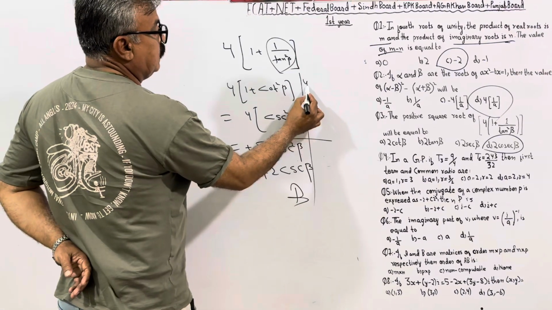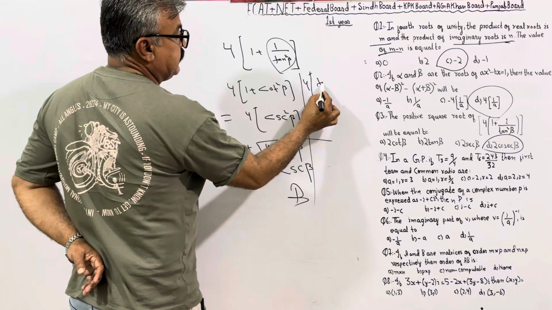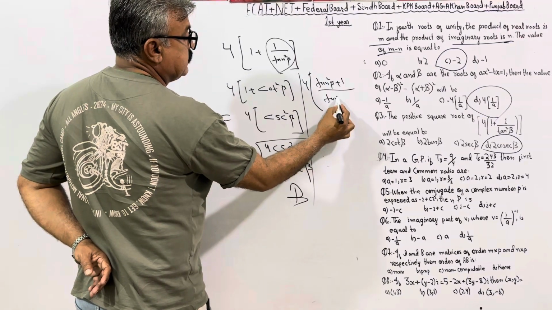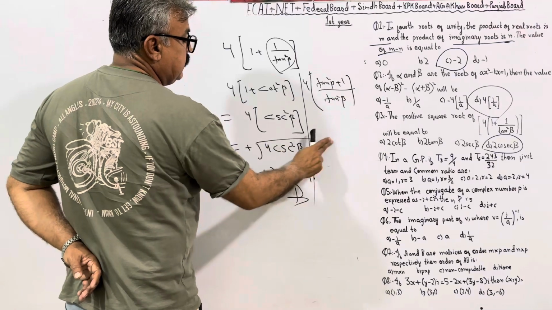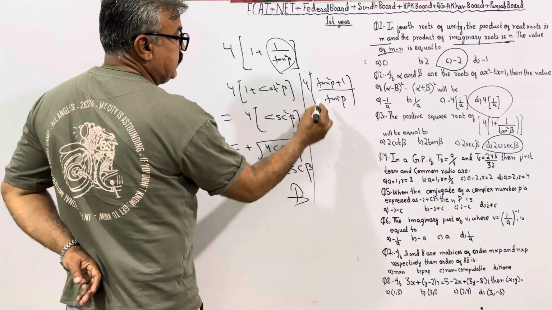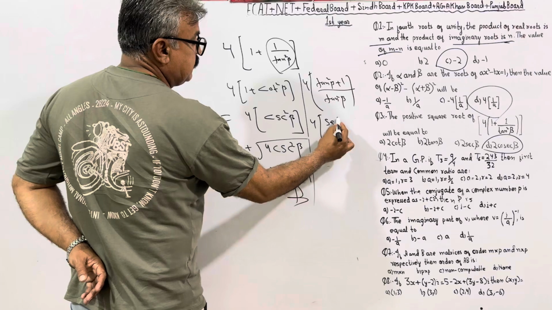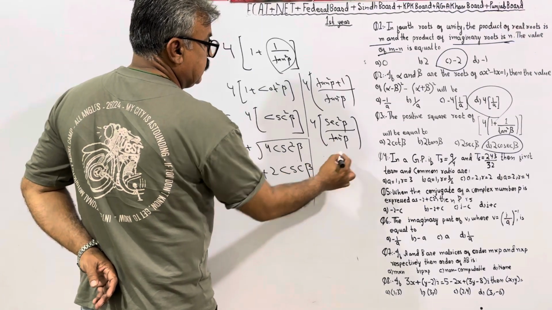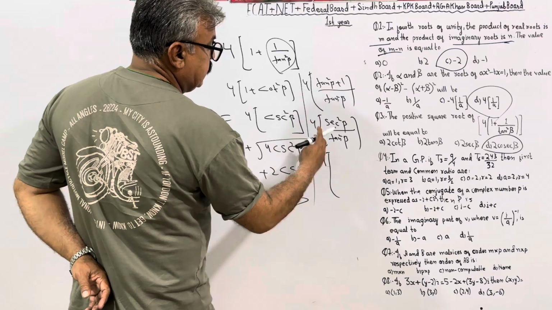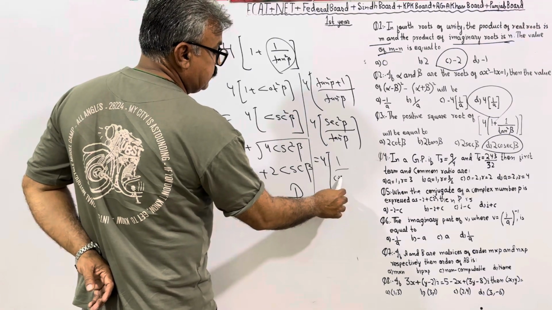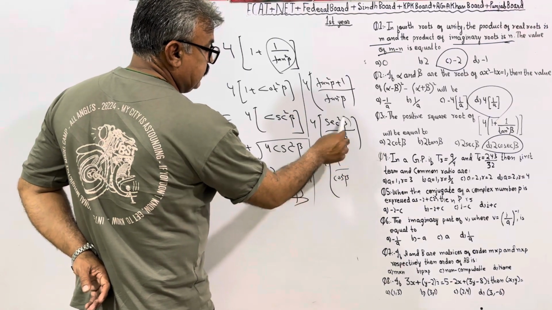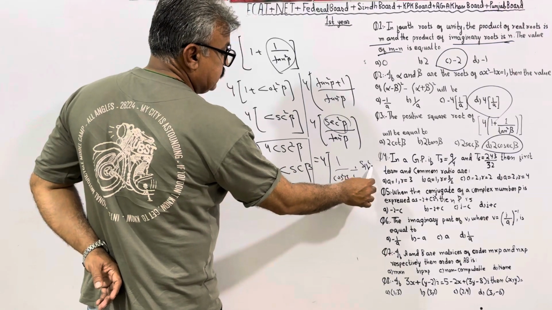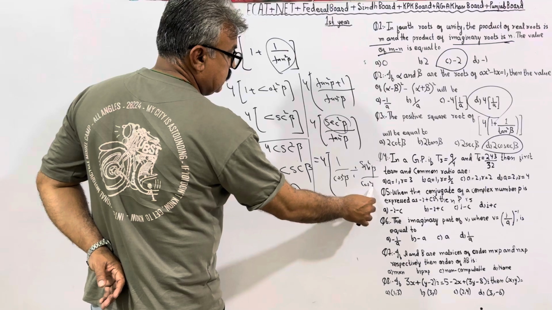Or one can take the LCM: 4 times (tan square beta plus 1) over tan square beta. We are familiar that 1 plus tan square is equal to sec square, so we have sec square beta over tan square beta. Sec square is equal to 1 over cos square beta, and sec divided by tan square means sin square beta over cos square beta.